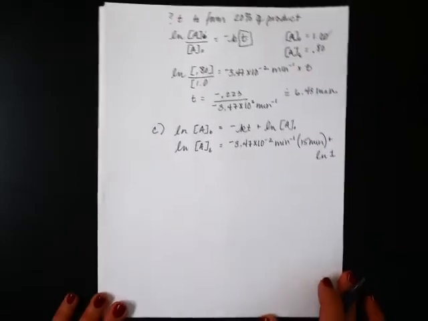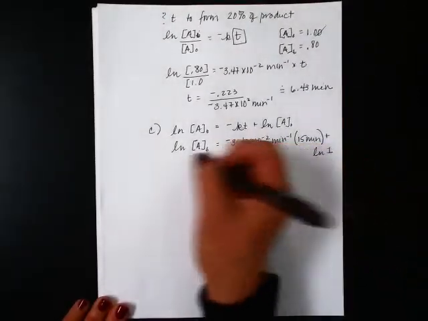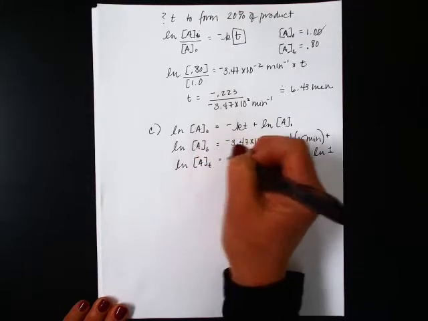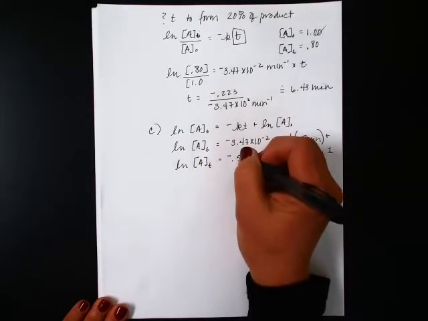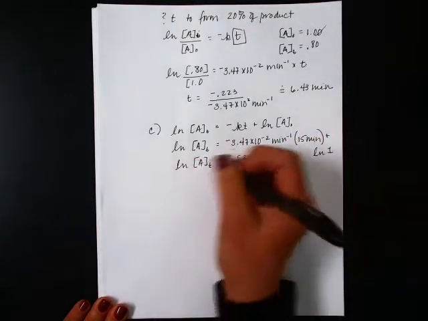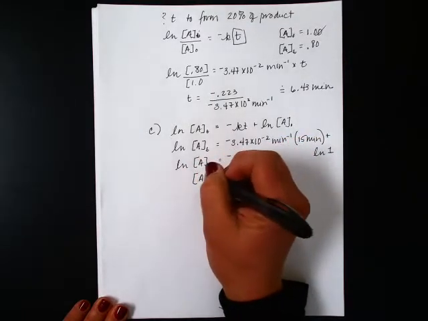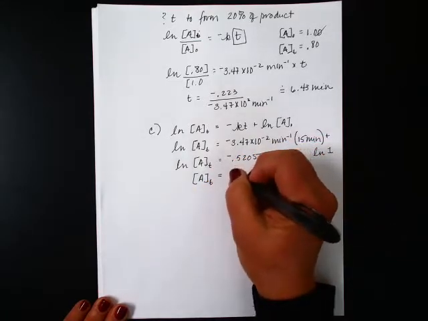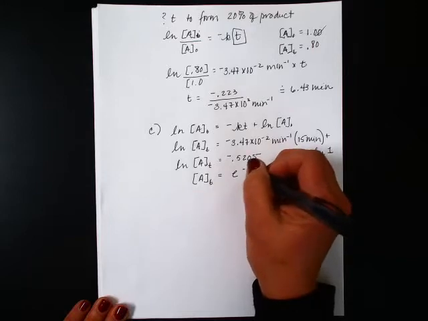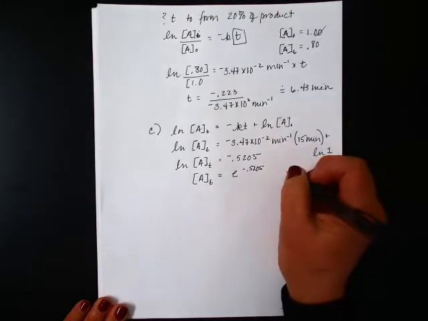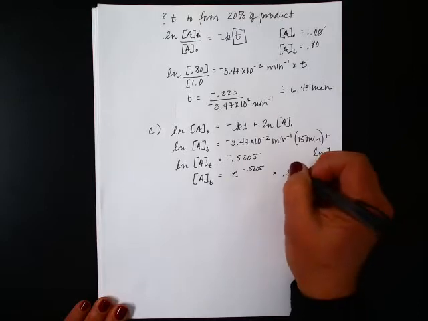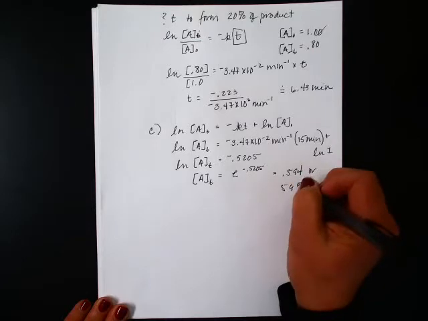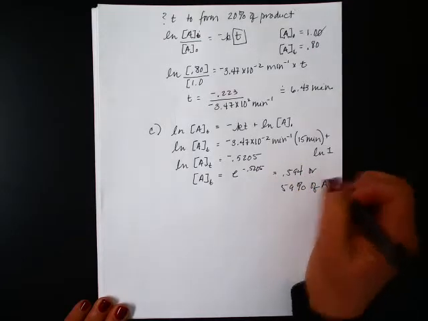So the ln of A at t equals negative 0.5205, and taking the inverse of that, we get e raised to the minus 0.5205, which equals 0.594, or 59% of A remains after 15 minutes.